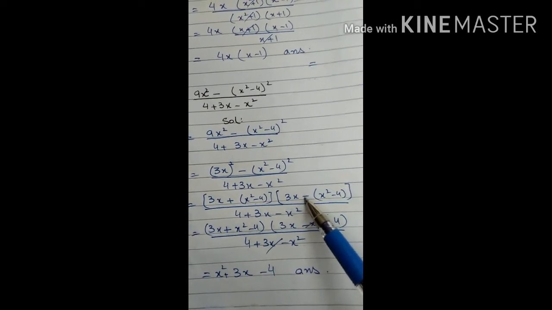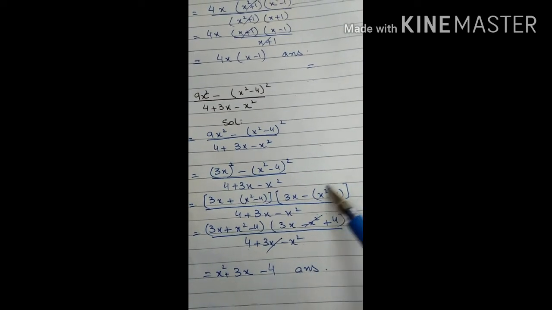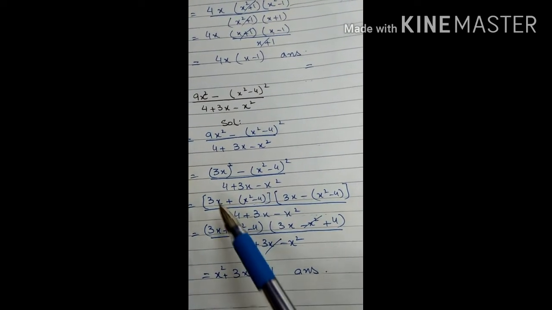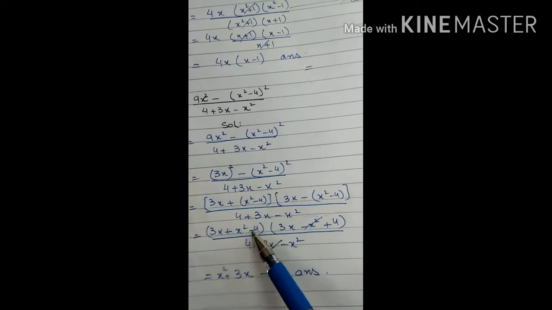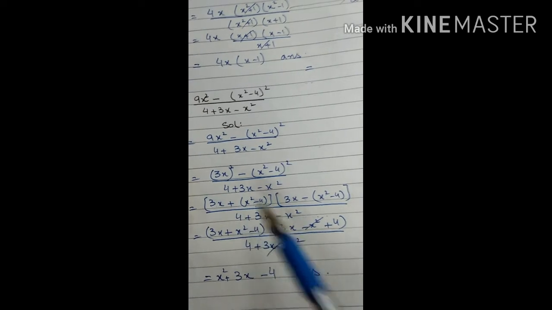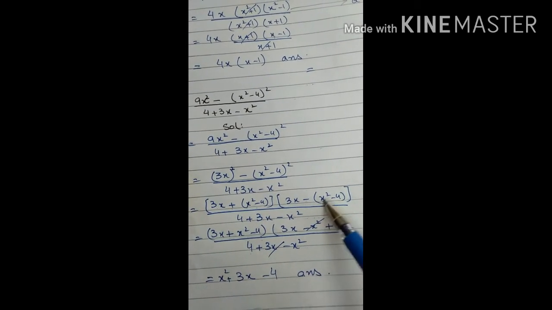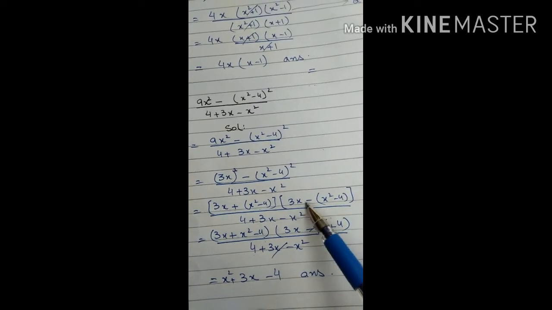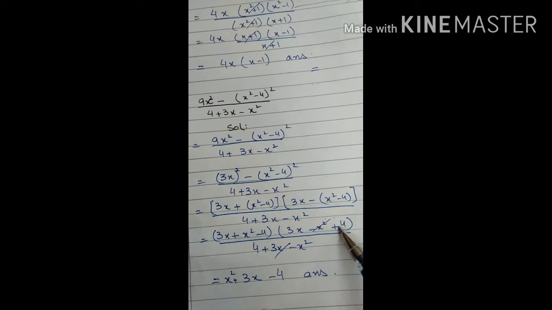as it is having negative sign over here, so the internal signs will change. 3x plus x square minus 4, it will remain as it is because here it is positive sign. 3x minus, the sign will change of these expressions, minus x square plus 4.